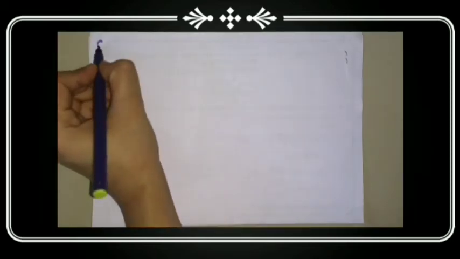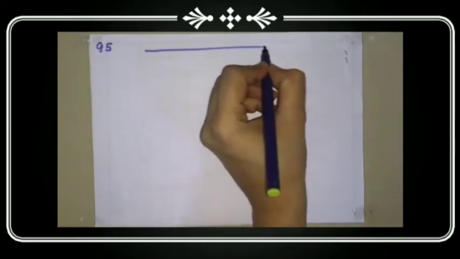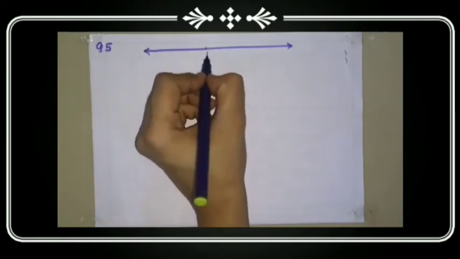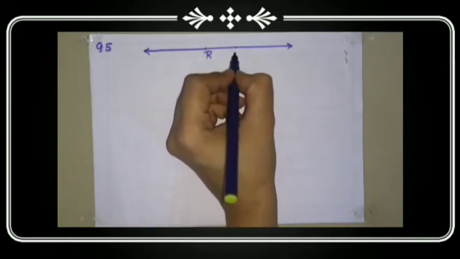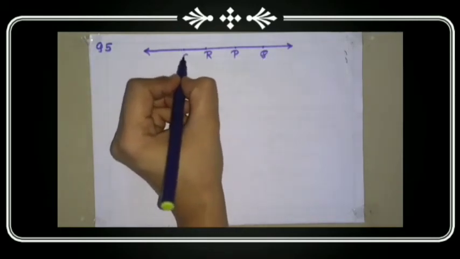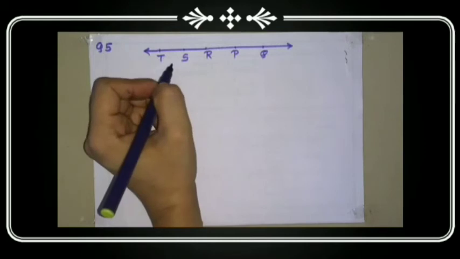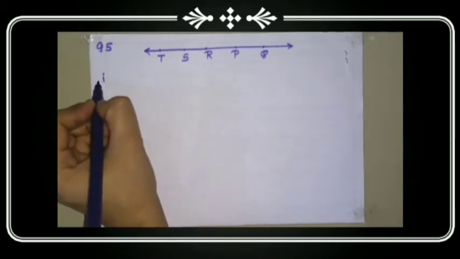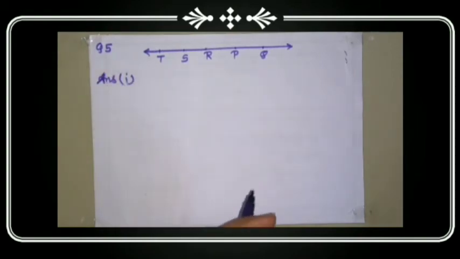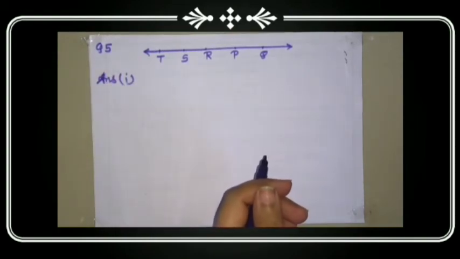Question number 5. Points R, P, Q, S and T. First, write the name of the opposite ray of ray RP.